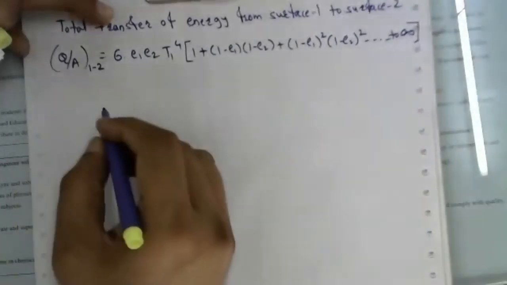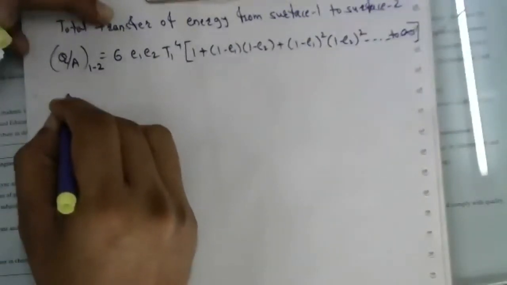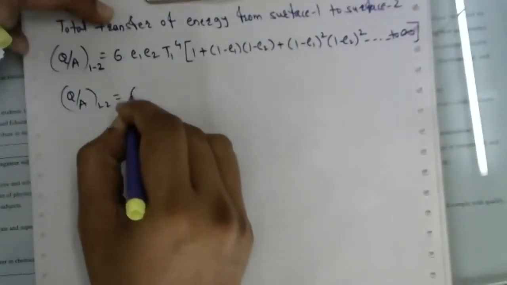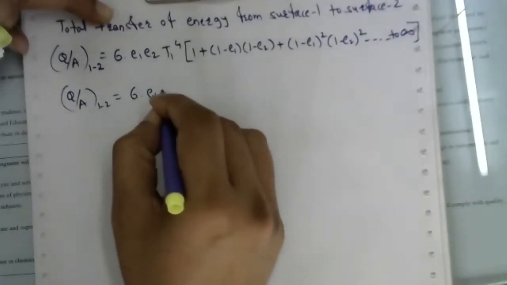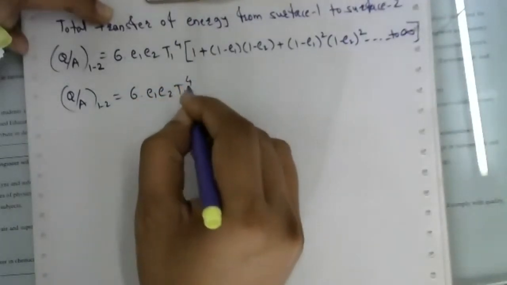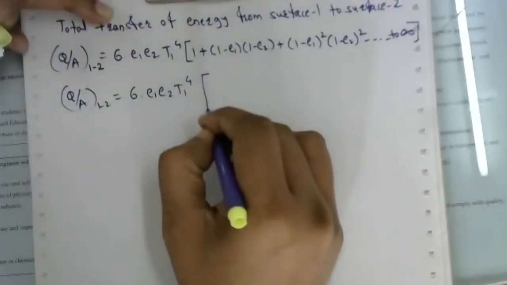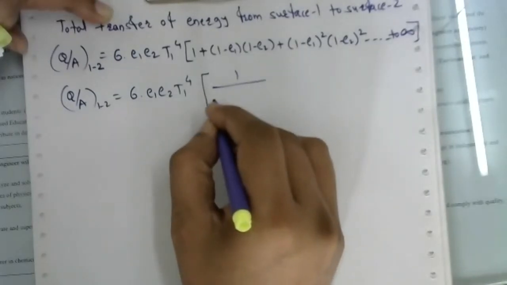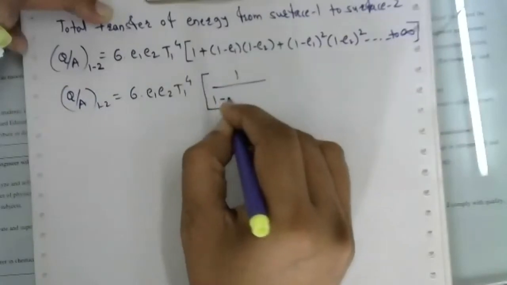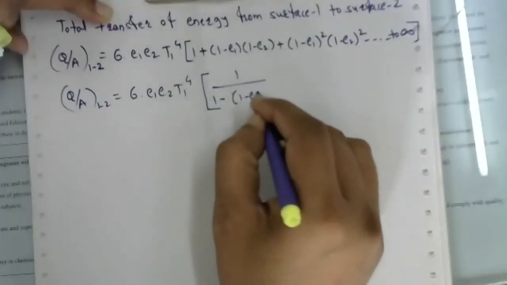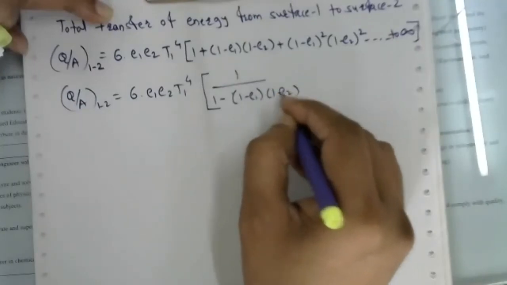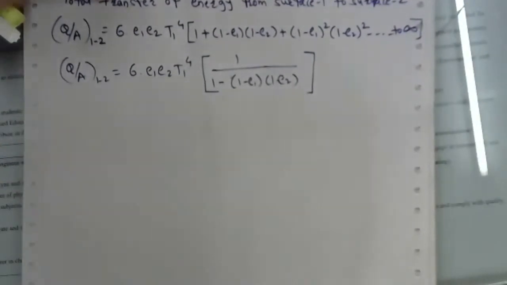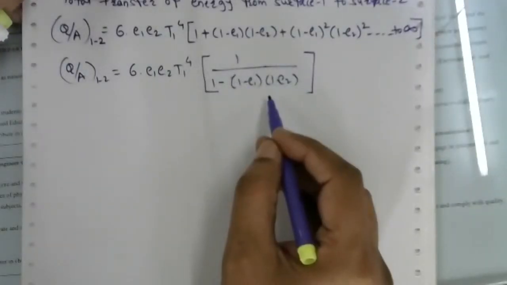So we can solve this equation with the help of basic mathematics. We can write Q by A as sigma into E1, E2, T1 raised to 4, by solving this equation, 1 upon (1 minus E1)(1 minus E2). So by solving this equation, we get this parameter, 1 upon (1 minus E1)(1 minus E2).